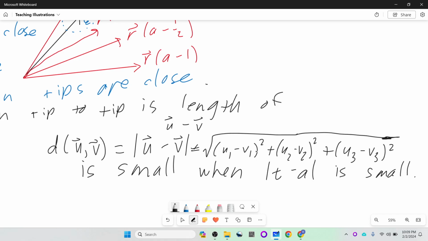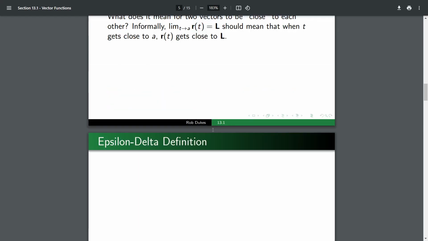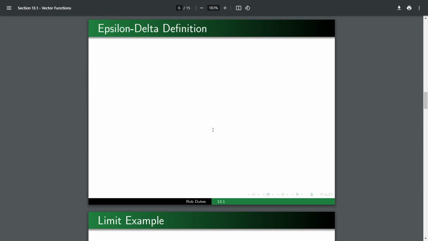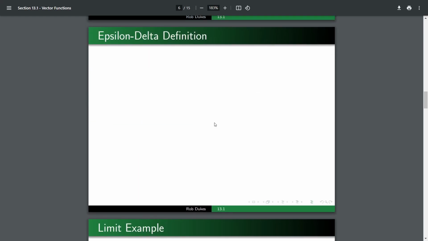So let's be a little more formal about this. We won't normally go to this level of formalism, but I want to spell it out the first time just to give an idea of what's going on. So let's look at the epsilon delta definition. We want to define limit as t goes to a of r of t equals vector L. What does that mean?